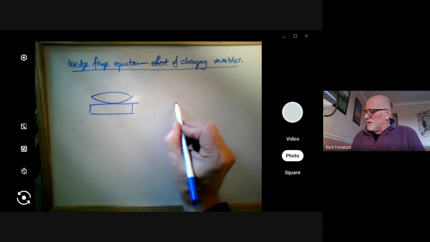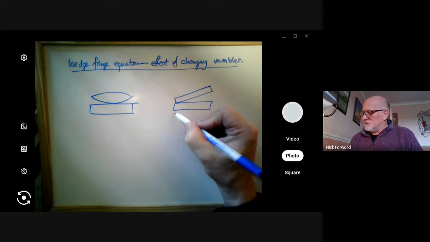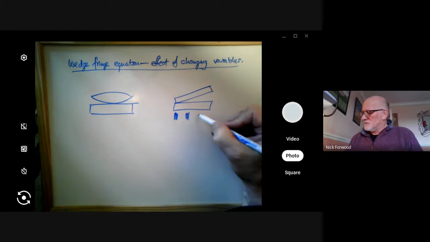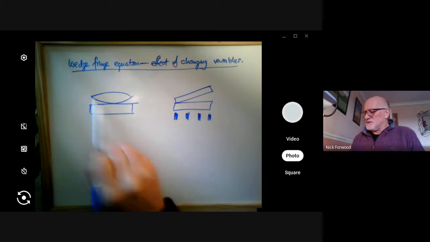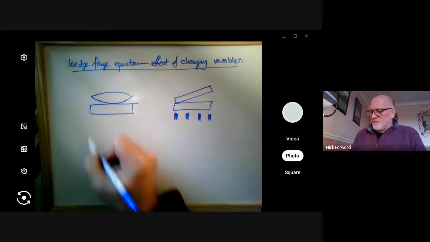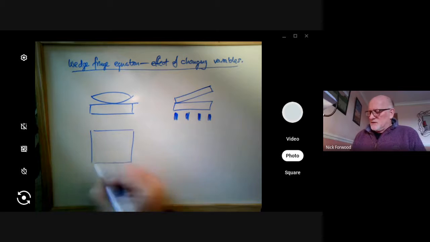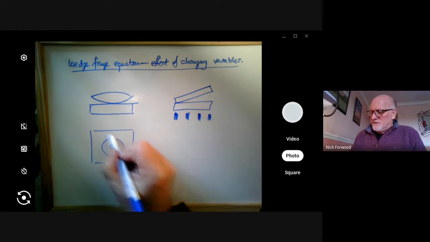You see bars when you've got this arrangement, and you see this when you're looking down through your microscope. Now with the lens, you'll see these concentric circles.